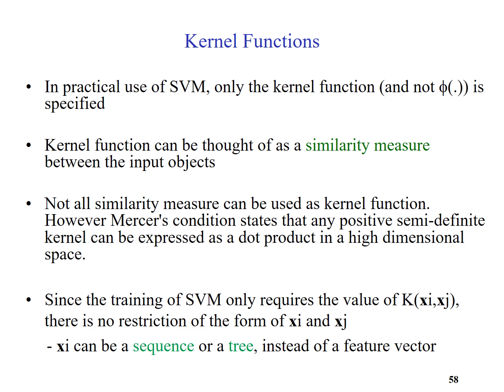Here your data type is a graph or network structure, and you want to apply SVM to it. Then you come up with a similarity measure for the graph structure, and you make sure that the similarity measure satisfies Mercer's condition.